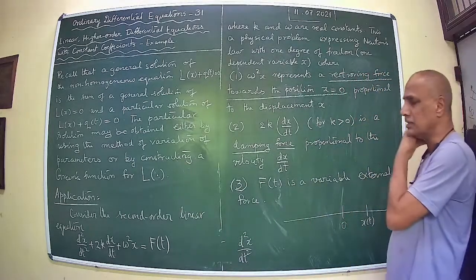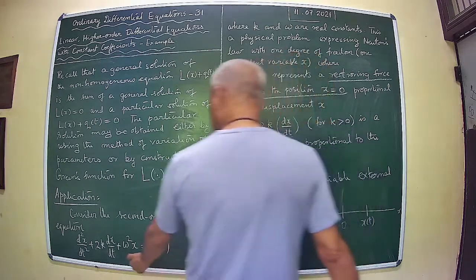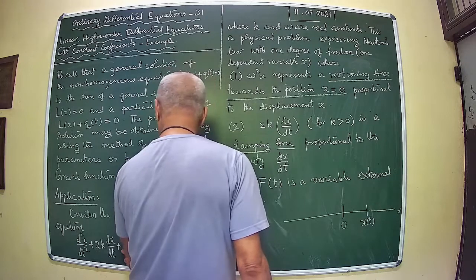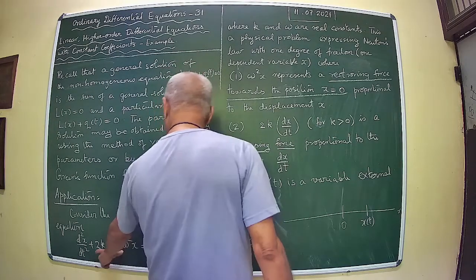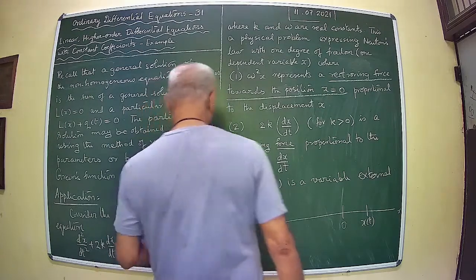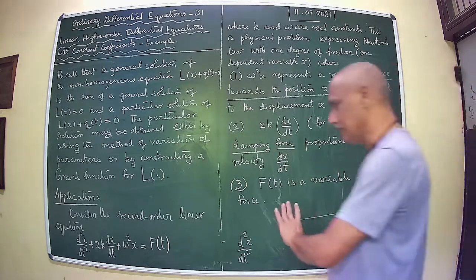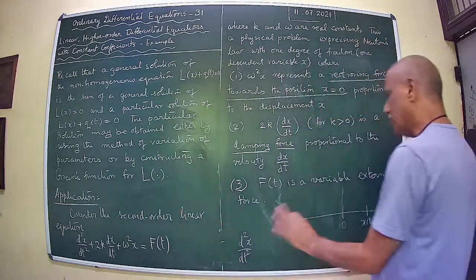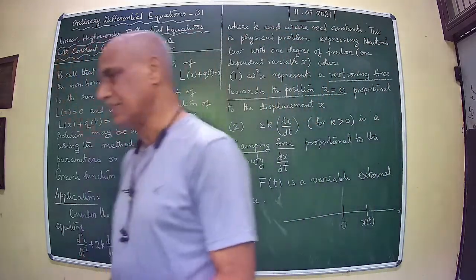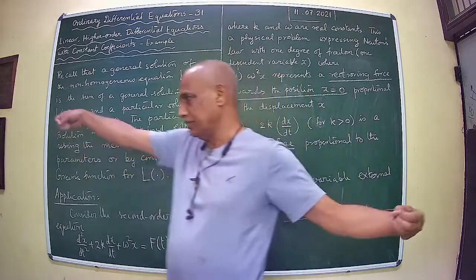The built-in forces are, one, of course, the so-called restoring force. The other one is what is called a damping force, and then you have an external force. So three things are happening there. So one is within the system itself. So what do you mean by restoring force? Restoring force is something like the force or the tension that you have on a spring.